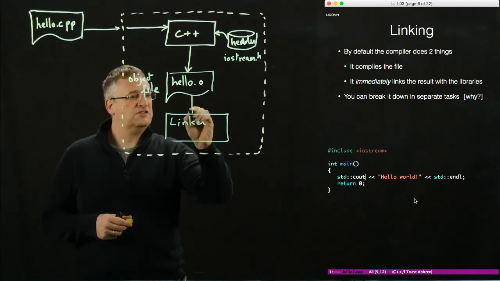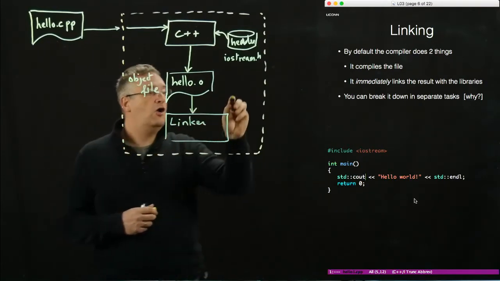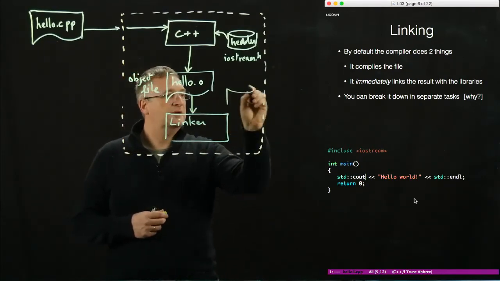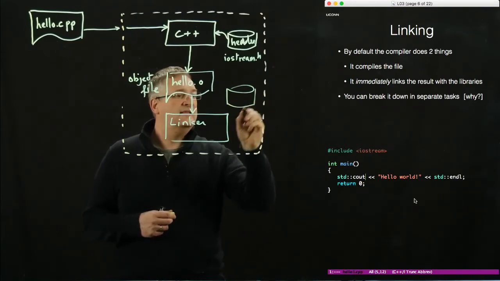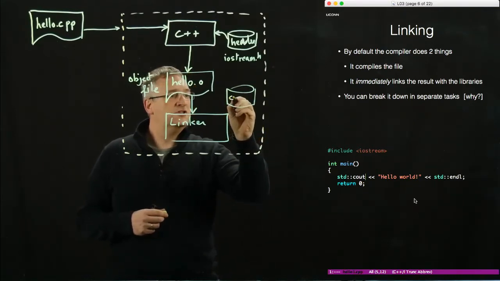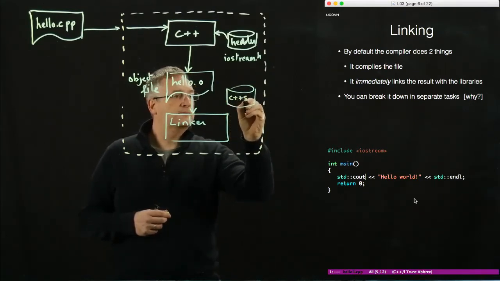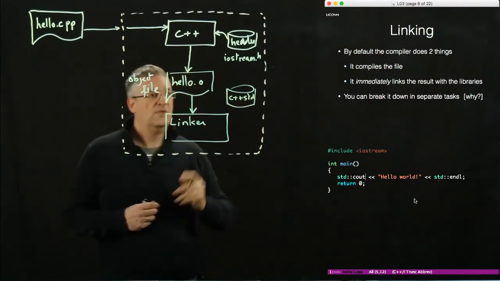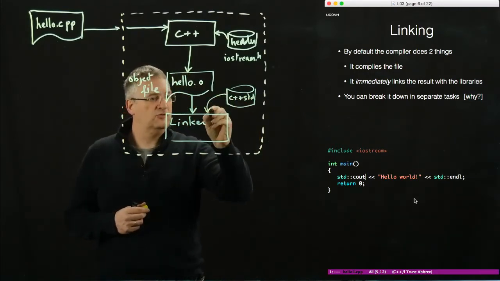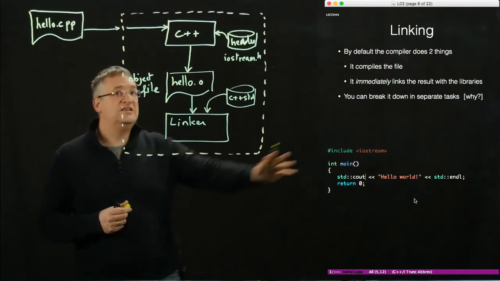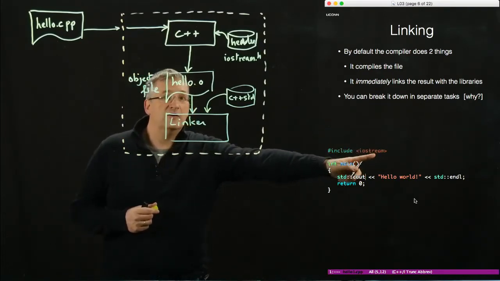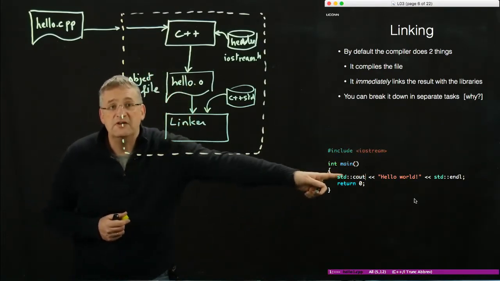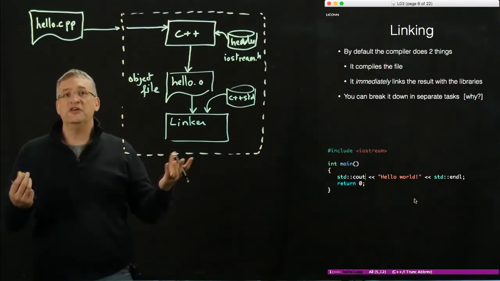Now, the object file goes into the linker along with another database, and I'm going to represent it that way, and that's the C++ standard library. That goes into the linker, and it contains the implementation of those iostream. It contains the implementation of stdout. It contains all of these things.